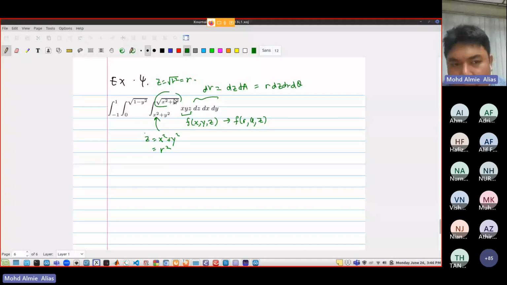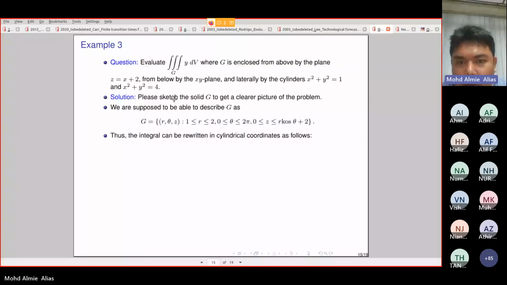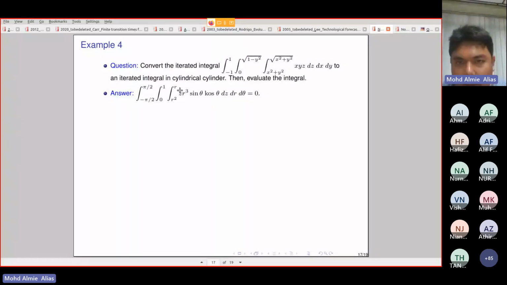But it's different from example 3 because you were not given this kind of thing, and you were just given the surfaces that form this G, and you need to determine them in terms of the cylindrical coordinate. But this is a bit easy here, because you can clearly see that this is r squared, this is r. Okay, but now how about here?